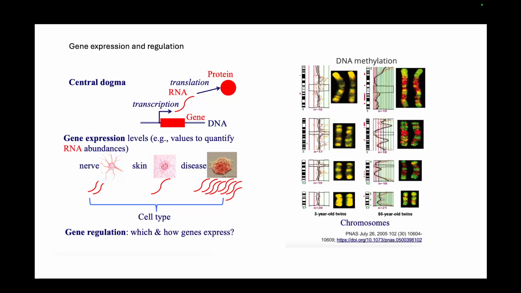On the gene level, whether a gene is transcribed into an mRNA or not is the control of gene expression. Now, gene expression can be controlled in various manners.